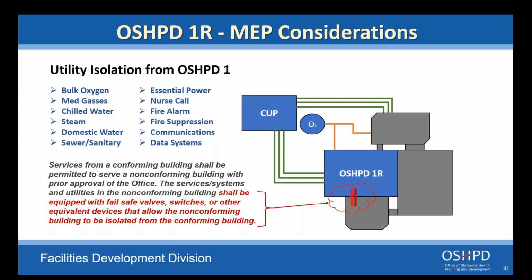Now, when I want to get philosophical, what I'm saying here is for my fellow mechanical engineers out there, think of the systems in these buildings such that if a 1R building happens to go down in a seismic event in the future, design your system such that having the building go down will not take out the rest of the facility, will not take out the critical care areas that are seismically compliant. That's the main thing we're looking for here.